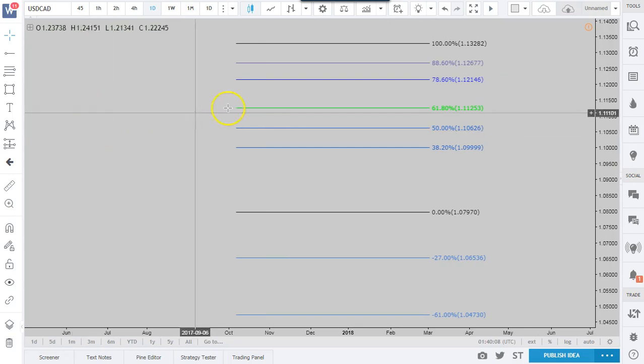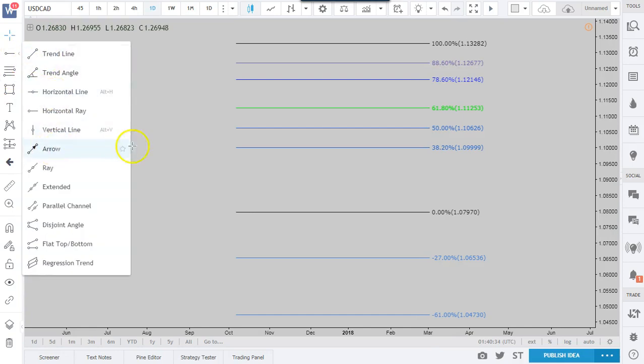Like I said, 0.382 is the first Fibonacci level. We have the 50.0, which is not really that important. Then we have the most important one, and then we have the 0.786, then we also have the 0.886. So right now, let me show you something.